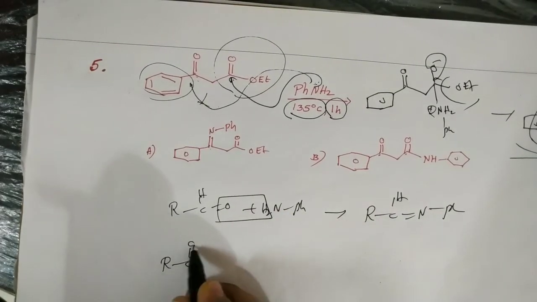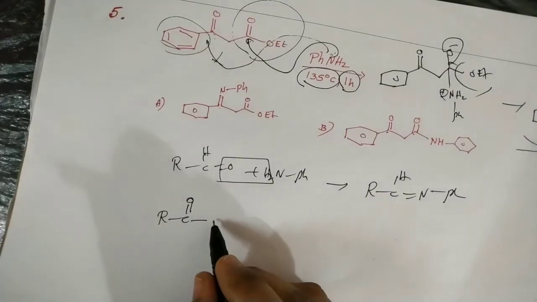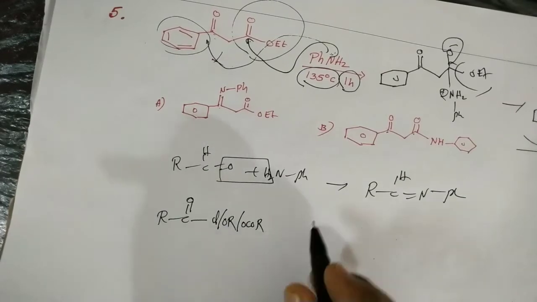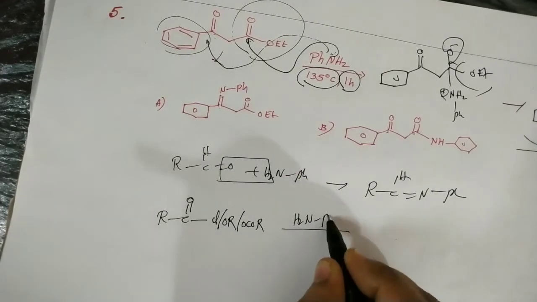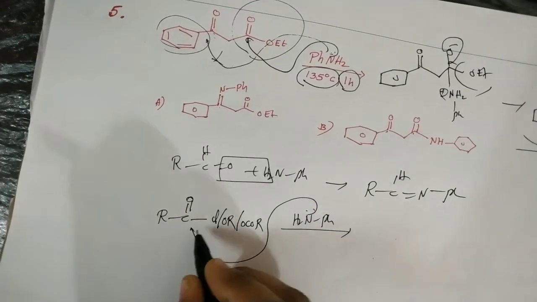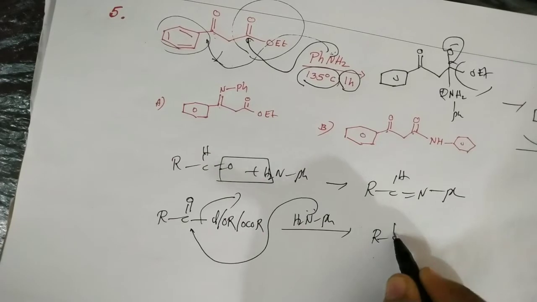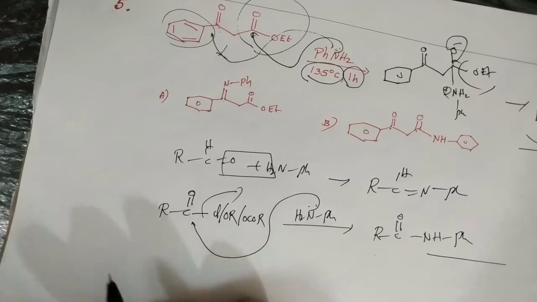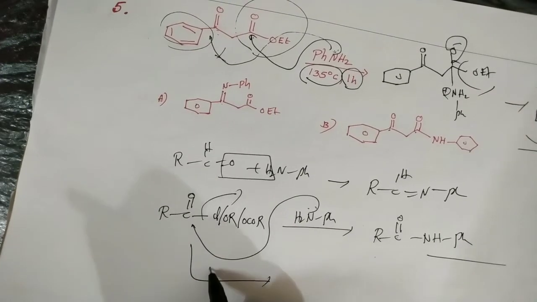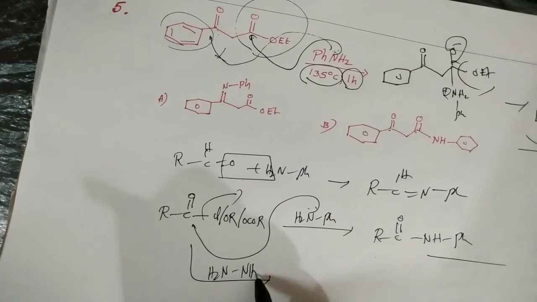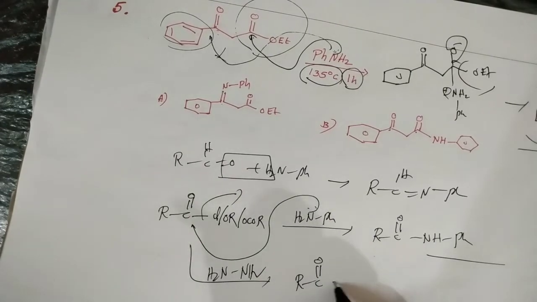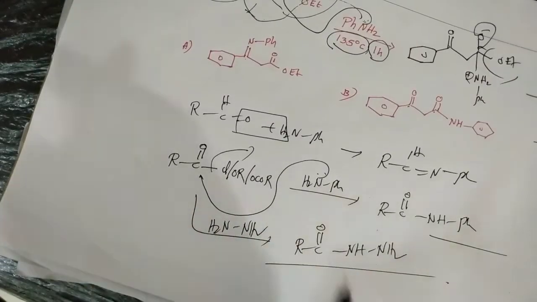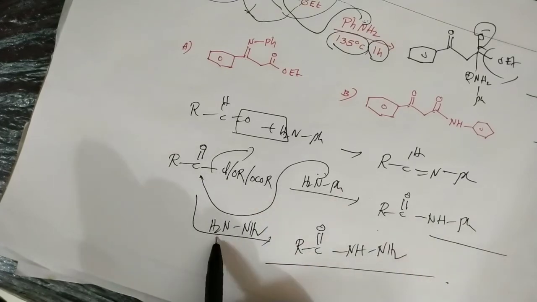Similarly, for acid derivatives, suppose an acid halide, an amide or an anhydride, reacting with aniline, acyl nucleophilic substitution takes place and we get the amide, RC double bond O NH-Ph. Similarly, on reaction with hydrazine, you get RC double bond O NH-NH2.